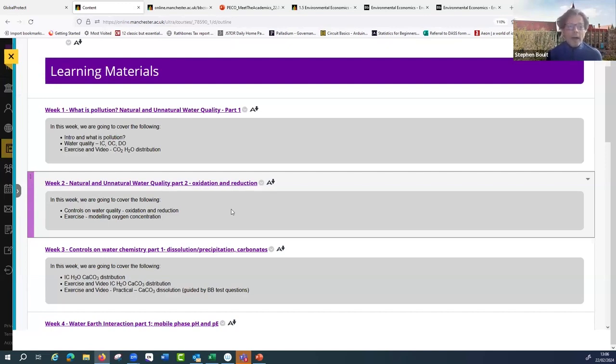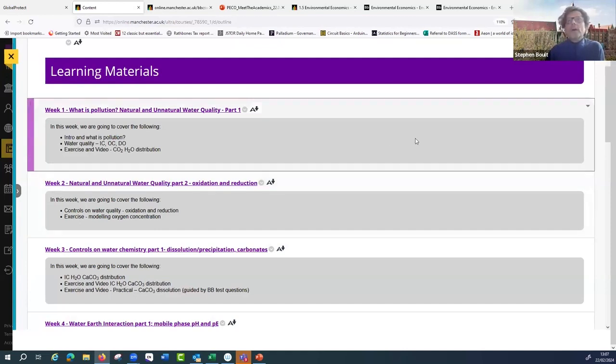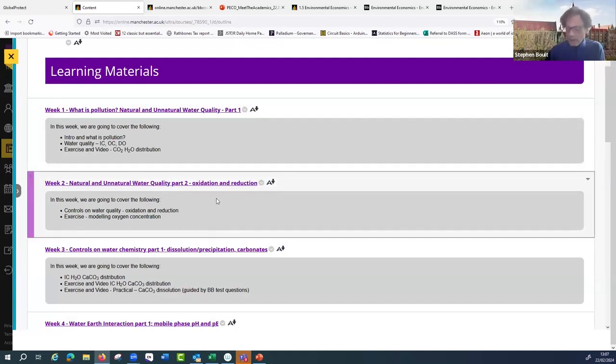Paul's covered some air pollution in the first semester, but we're covering mostly water and the transformation and mobility of pollutants in water. So we look at water chemistry particularly, and we define the controlling gradients that control the behavior and speciation of pollutants on this planet, and largely their oxidation, reduction, and pH gradients.